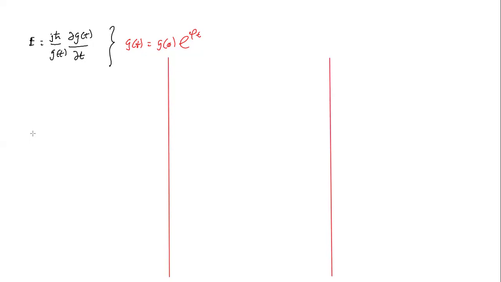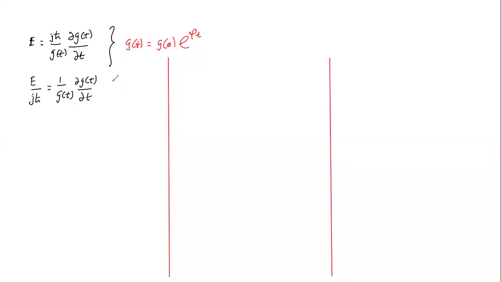Now, from this expression, we can tell that, let's rearrange: E over jħ is going to be the same as 1 over g of t, dg of t dt.